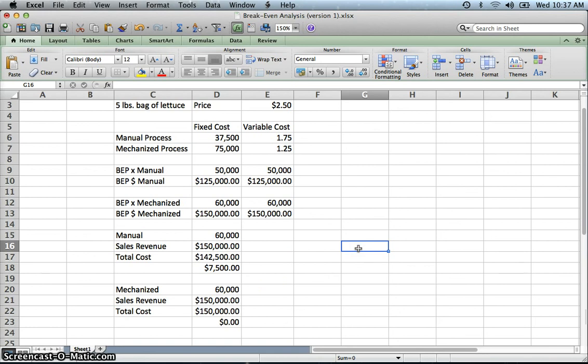So instead of just plugging in numbers and trying to figure out where the mechanized is more profitable than the manual, we can simply look at where the costs equal each other.